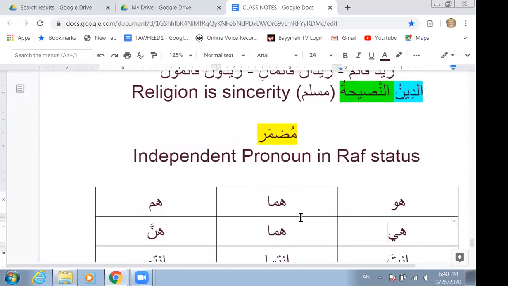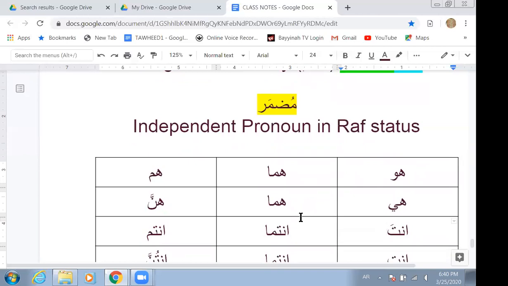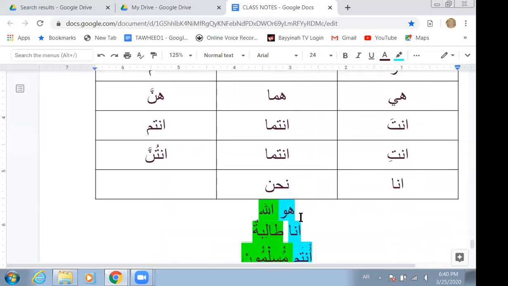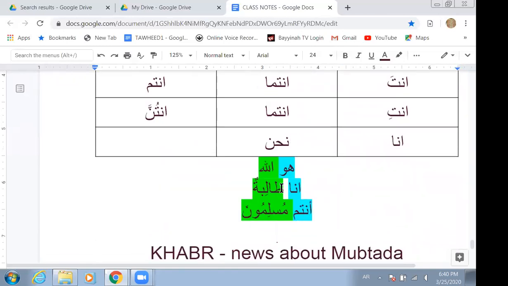Next is muzmar with the pronoun. When we say with the pronoun, we mean the independent pronoun in the rafa status. This is a chart we already know. I'll just go through some examples. First example is huwa Allahu. Huwa is a pronoun, and Allahu, the lafzi jalala, is in the rafa status, the khabar.